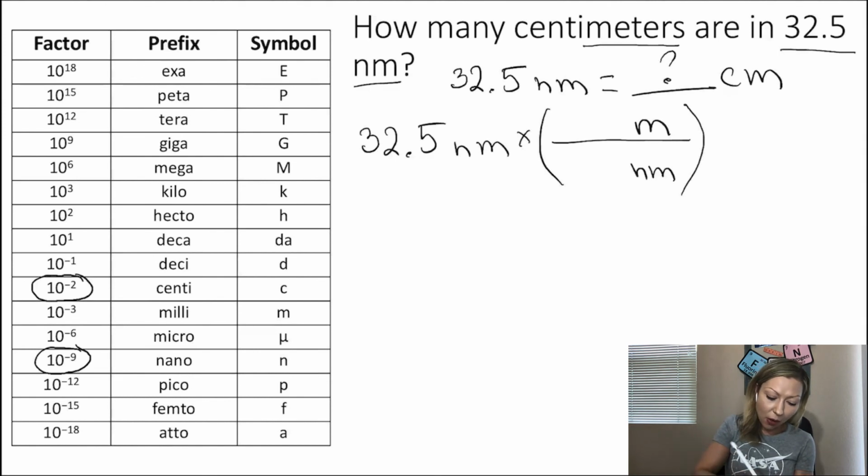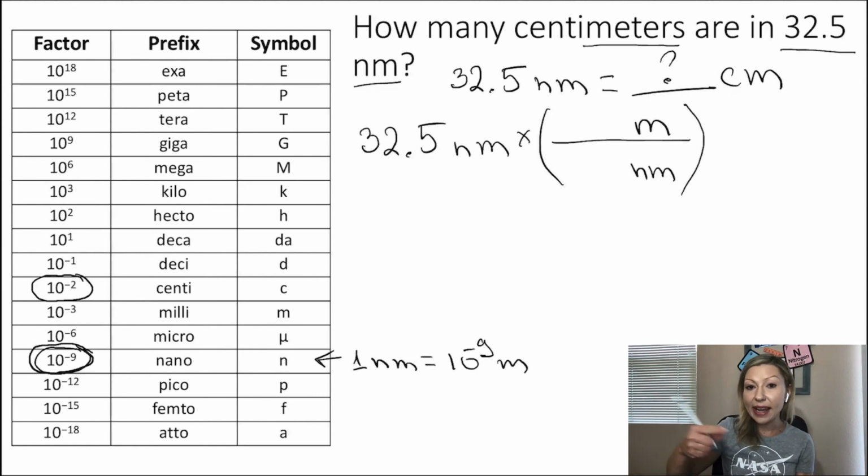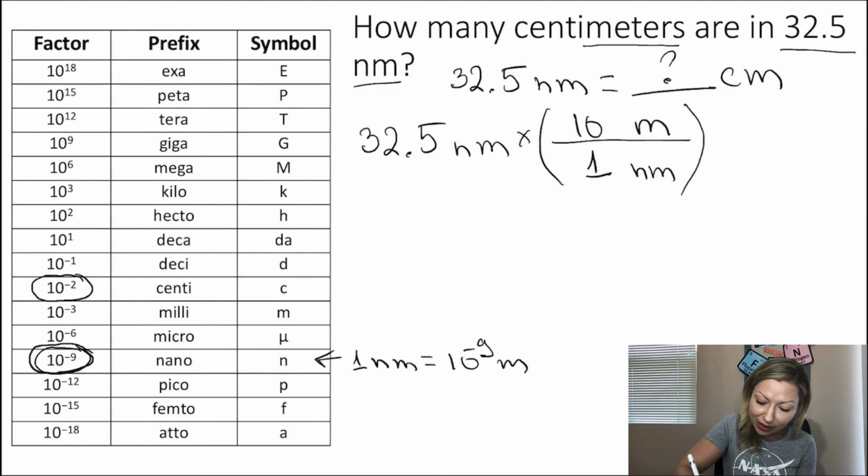So I'm going from nanometers to meters. I know that 1 nanometer equals 10 to the negative 9th meter, and I can just simply plug in these numbers here.